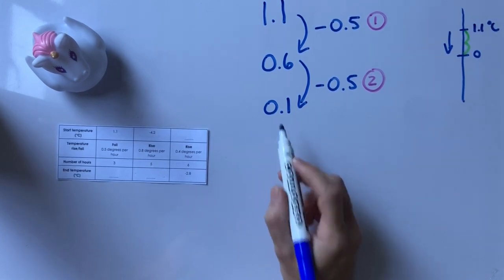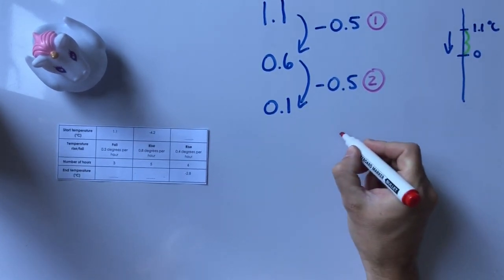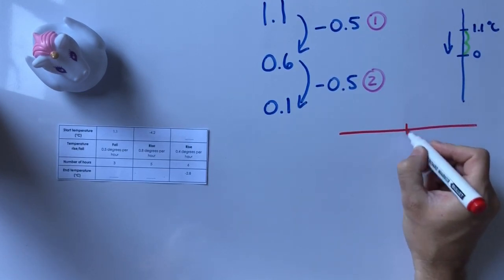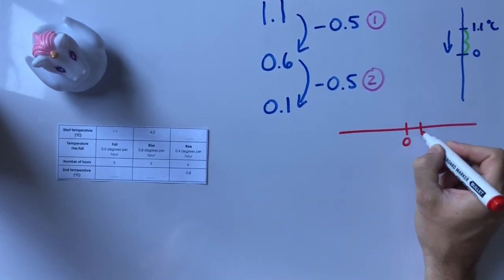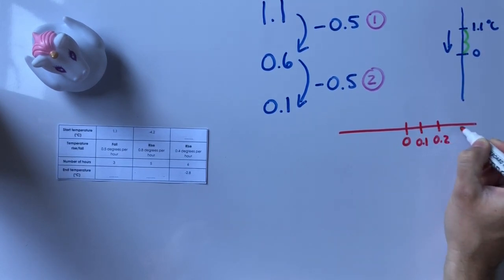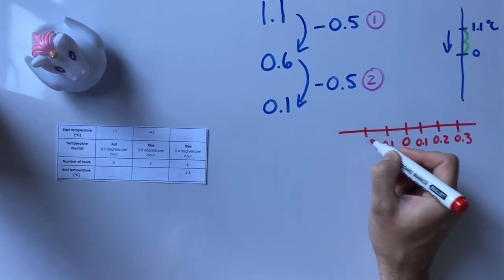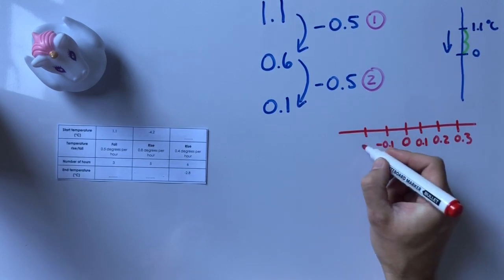Okay. Now the question is, what happens when I drop further from here? For this, let's quickly draw a number line just to see what's happening. So here's a little number line, and there would be 0. Let's say this was 0.1, and that was 0.2, and that was 0.3. And this side we would just have negative 0.1. Sorry, I'm making them a little bit bigger because I have less space.